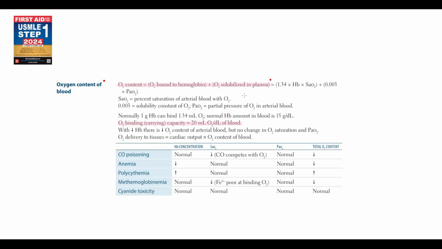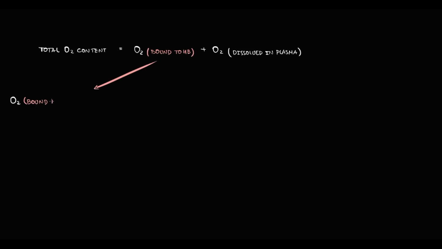But you also have to know how to calculate the oxygen binding capacity. So, total oxygen content in our blood is the sum of oxygen which is bound to hemoglobin and oxygen which is dissolved in plasma. Oxygen which is bound to hemoglobin we calculate using the formula 1.34 multiplied by hemoglobin and saturation of oxygen.